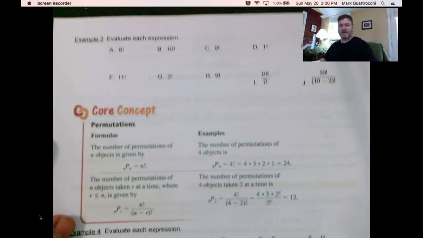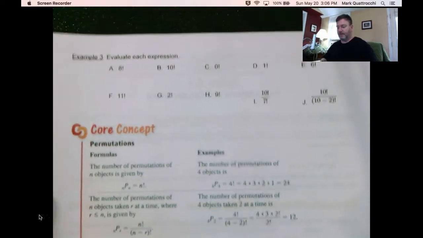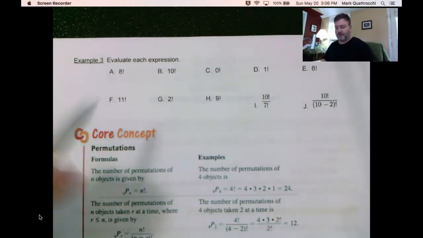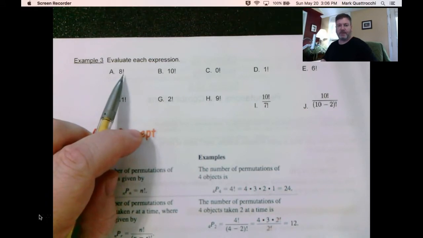So here we want to get some practice with factorials. This is a very handy tool that we're going to need. So 8 factorial. We use our factorial key on our calculator, which is this exclamation point. Every scientific calculator has one. So you're going to have to find it on yours.